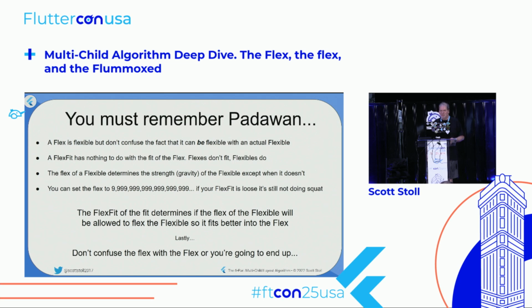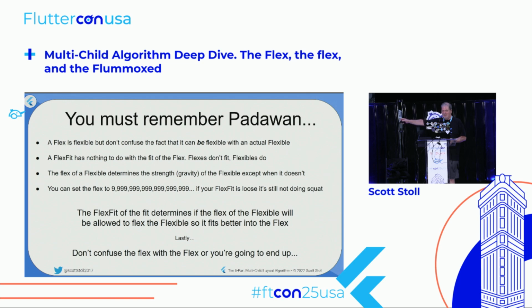You can set the flex to 9 kajillion. If the flex fit is loose, your flex is not going to do anything. The flex fit of the flex determines, let's start that one over again. I told you it was a tongue twister. The flex fit of the fit determines if the flex of the flexible will be allowed to flex the flexible so it fits better into the flex.